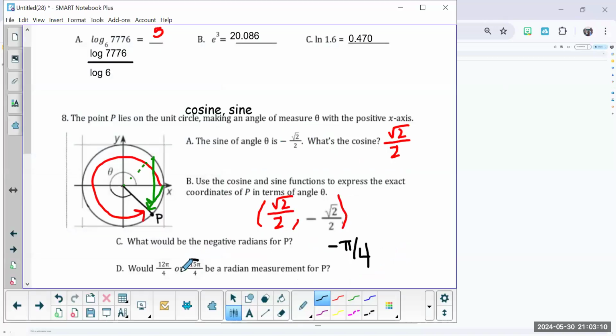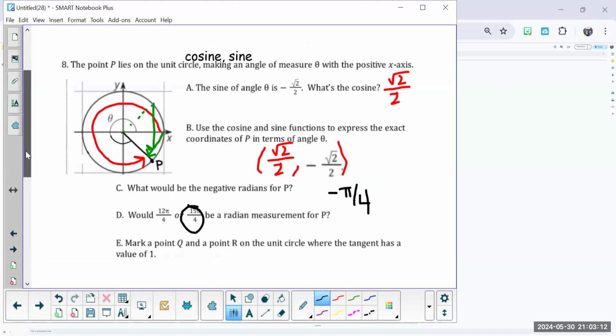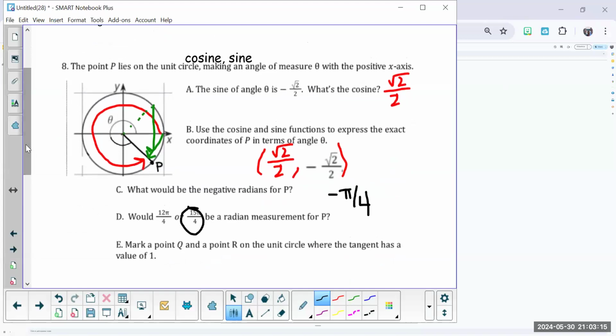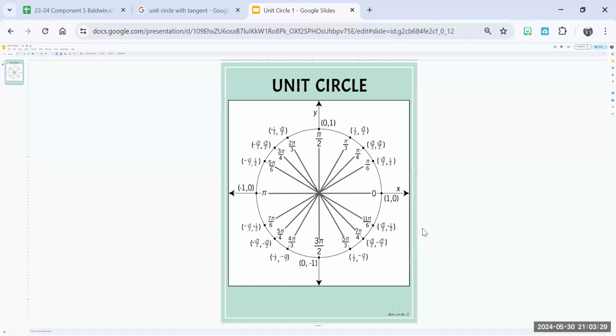15 pi over 4. And then the last one for this one, mark Q and R on the unit circle where the tangent is equal to the value of 1. Remember, tangent is sine divided by cosine. So if it's going to equal 1, then we're looking on a unit circle for where they're the same number, like 5 divided by 5, 3 divided by 3.